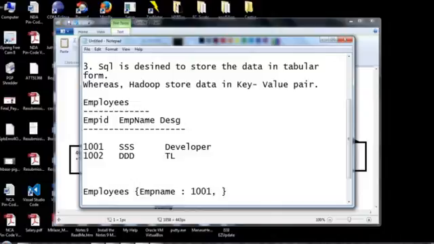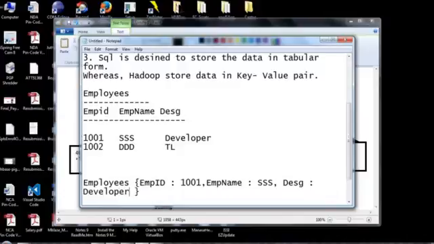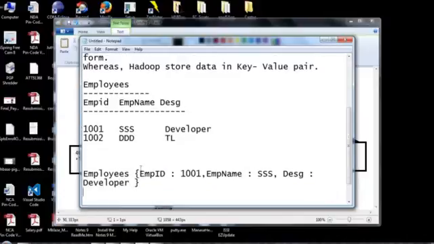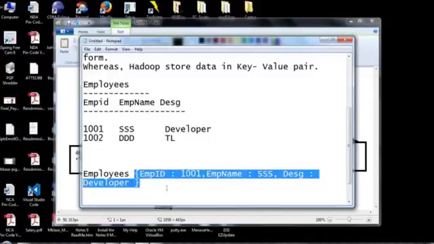Employee ID 1001, employee name key colon value, which is your name, designation developer.